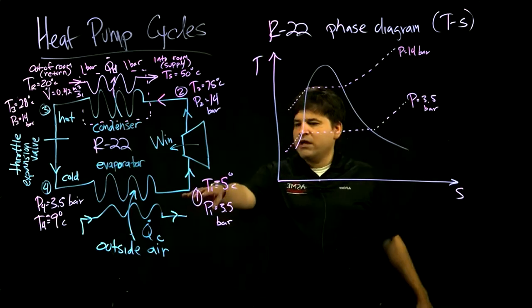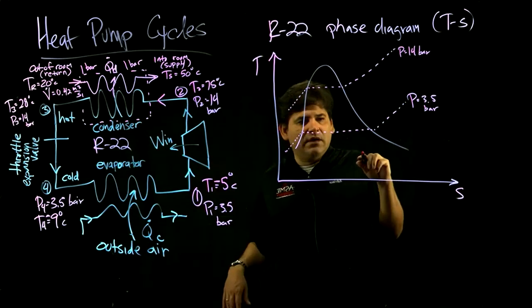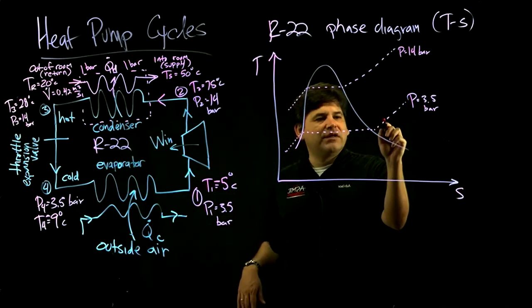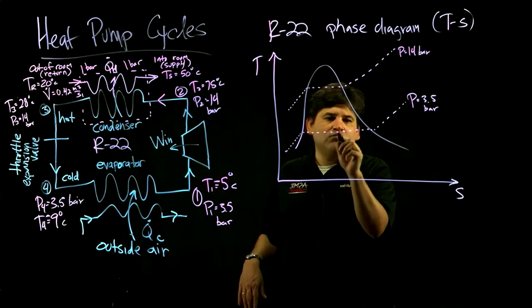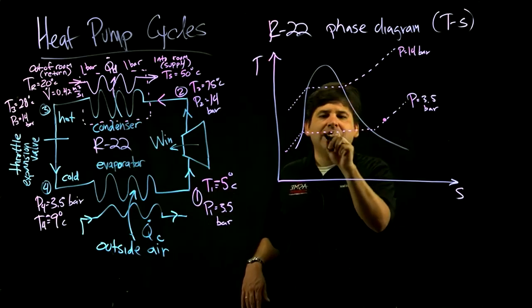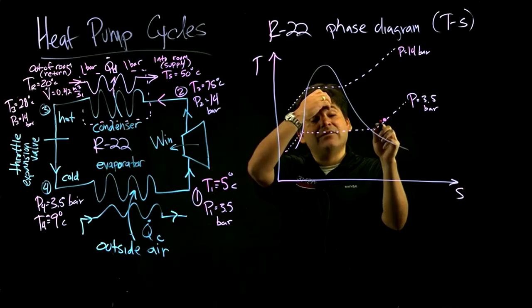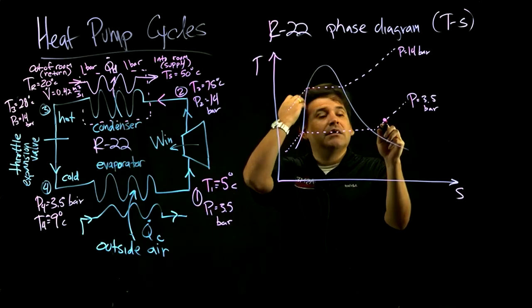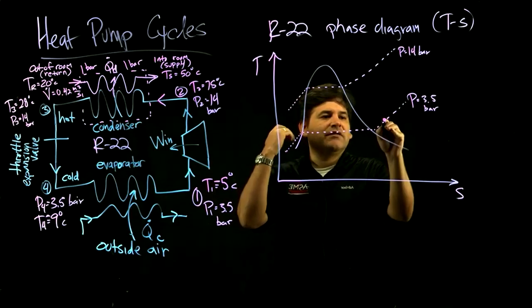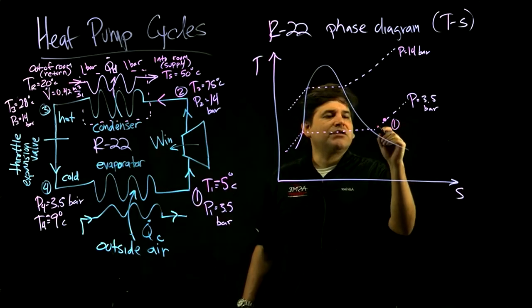So state one, it's the inlet to the compressor, and because we extended outside of this mixture region, the temperature is higher than -9 degrees. So let's say that this is negative 5 degrees Celsius. And so -9 to -5. This would be the inlet to the compressor.